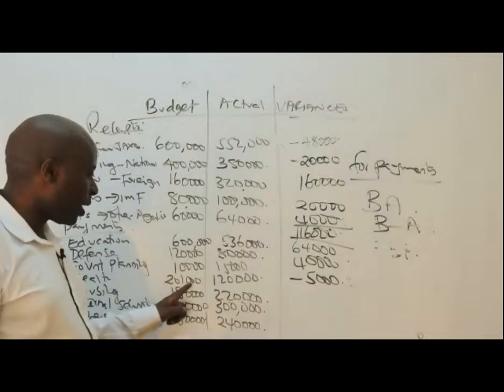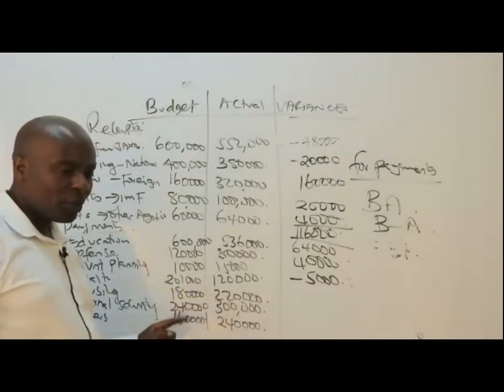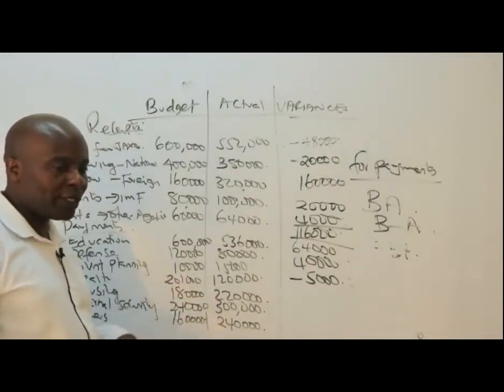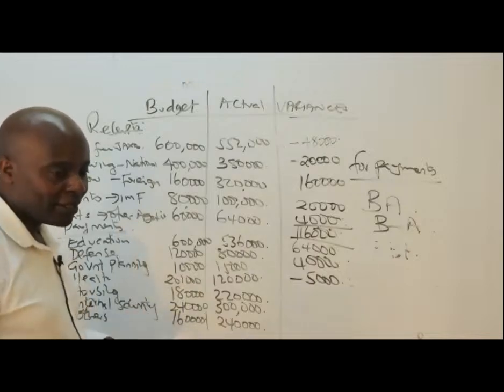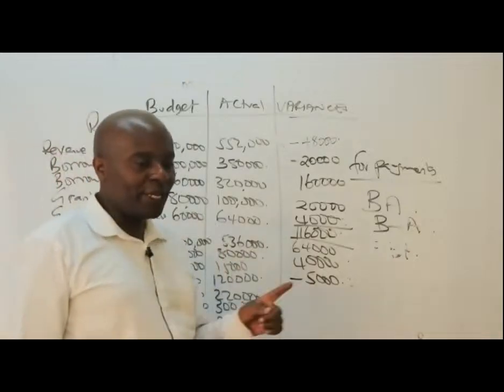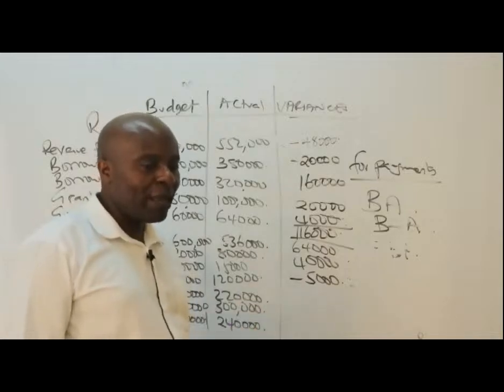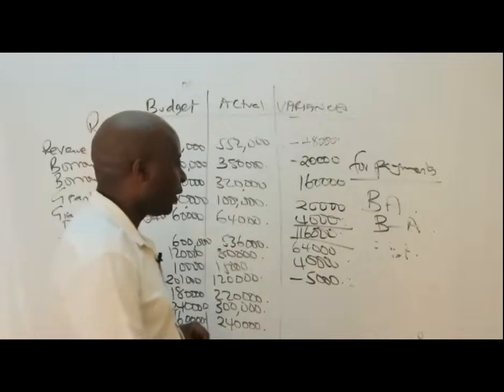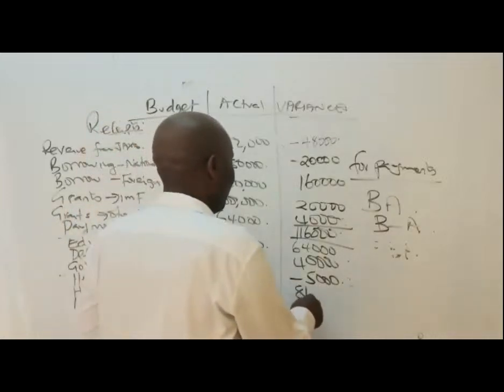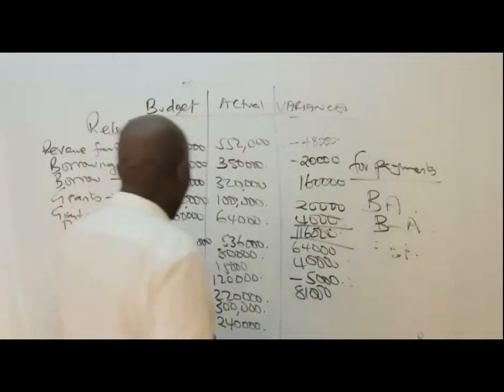It is 201 minus 120. Because when you go to the payments, you must reverse. For revenue, it's AB, actual minus budget. But for payments, it is BAR, budget minus actual. 81,000 positive. Go to the next one.